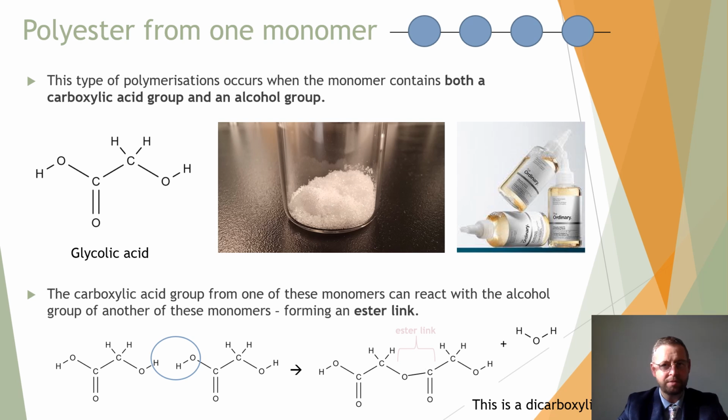Now for this to be possible, we have to have atoms on the edges of that monomer compatible with joining on to the next one. And that, for this example, requires a carboxylic acid on one end of your monomer and an alcohol group on the other. Glycolic acid, this thing here, as a substance, is a treatment for acne.